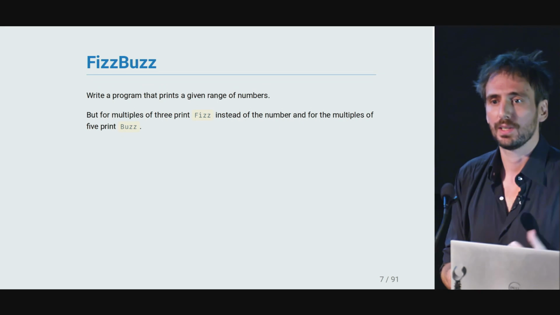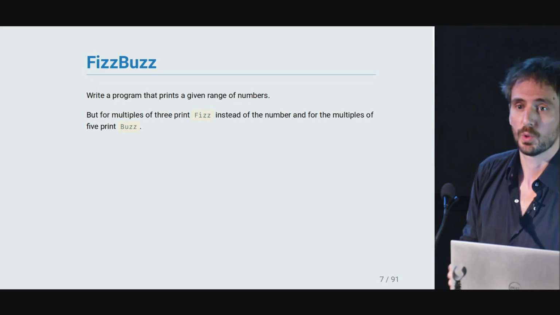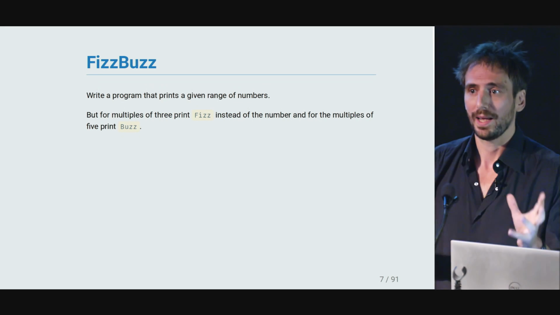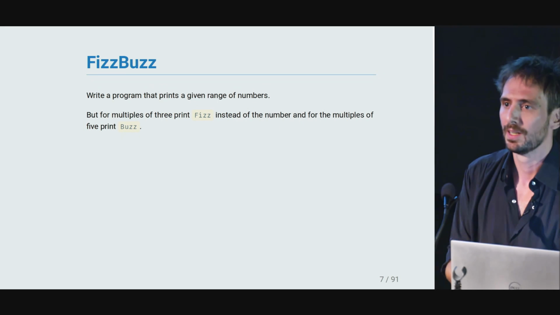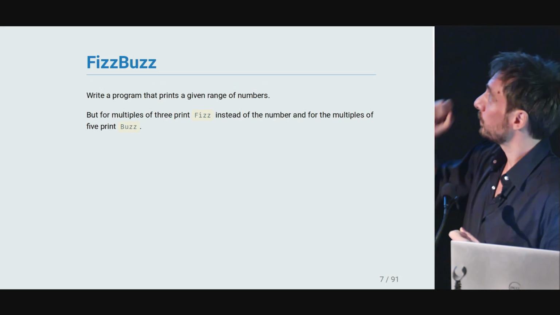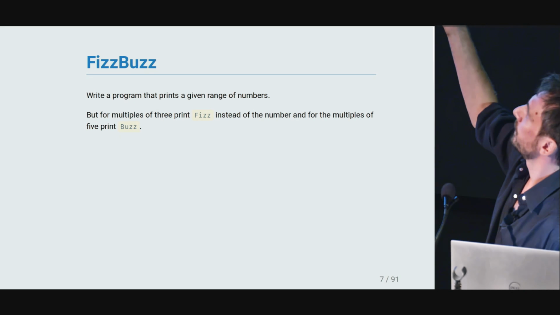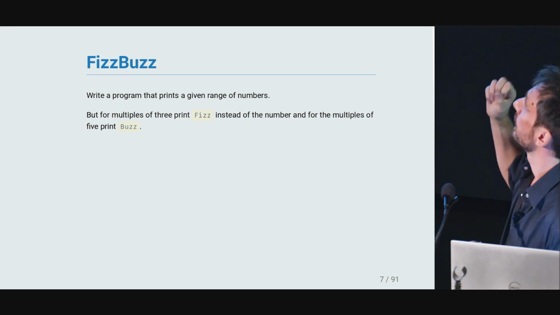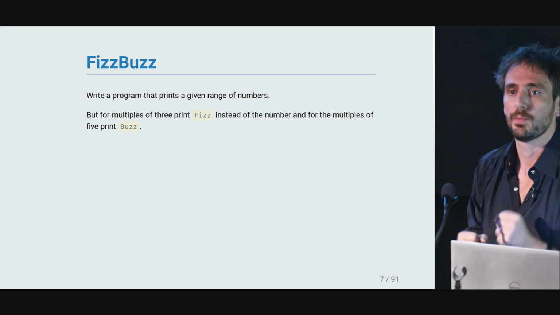So if you ever go to a job interview and somebody asks you to do FizzBuzz, don't go in that company, because if the way they try to test whether you're a good fit is by withholding specification information, are you sure that's the kind of company you want to work for? So the specification that we have is you have to write a program that prints a given range of numbers, but for multiples of 3, print fizz, and for multiples of 5, print buzz.